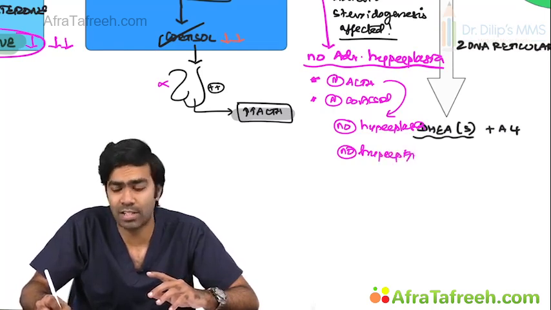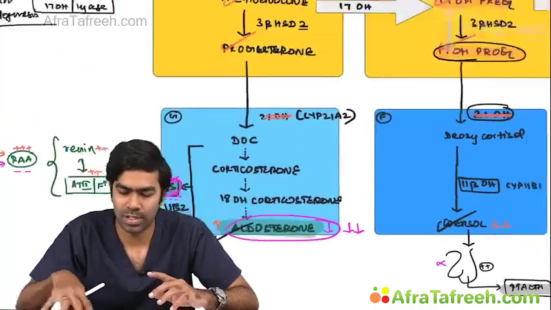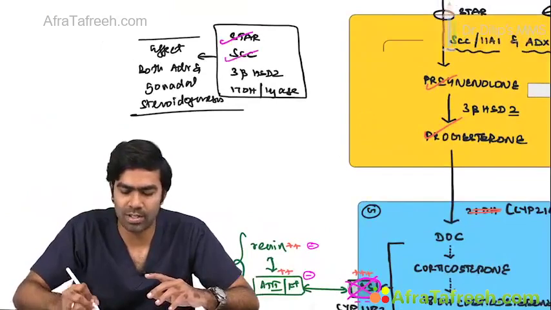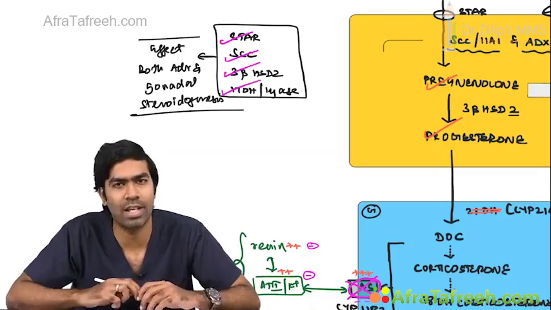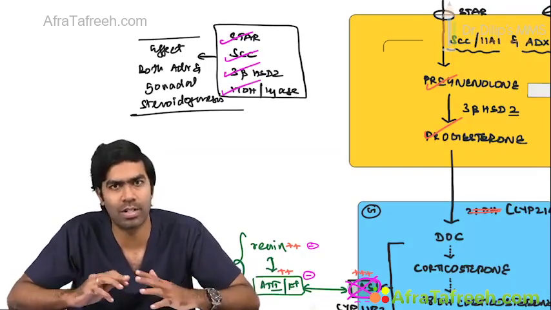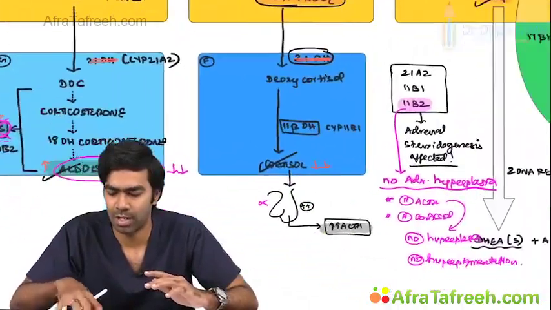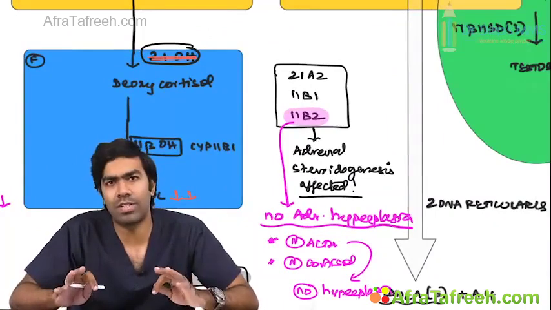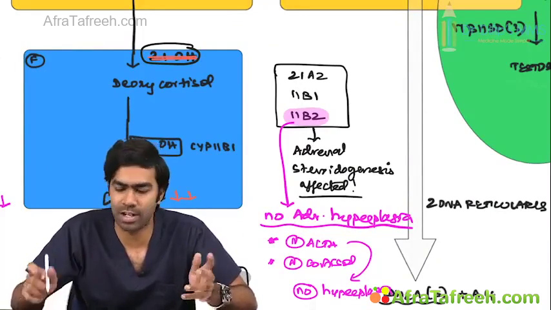This excessive ACTH is one of the main reasons why you develop hyperpigmentation in the first place, which means these defects, StAR defect, side chain cleaving enzyme defect, 3-beta HSD2 defect, 17-hydroxylase or lyase defect, all of these are going to result in hyperpigmentation and adrenal hyperplasia because of elevated ACTH. But this 11B2 deficiency will not result in elevated ACTH, hyperpigmentation, or adrenal hyperplasia.